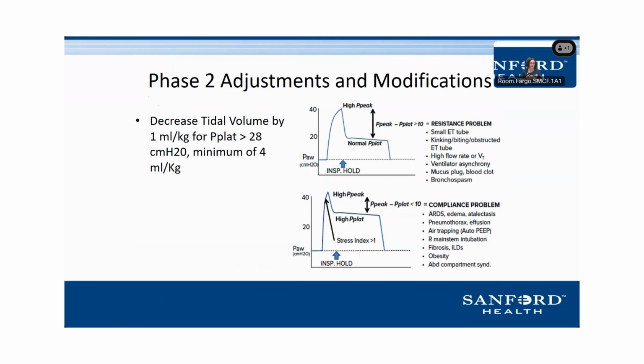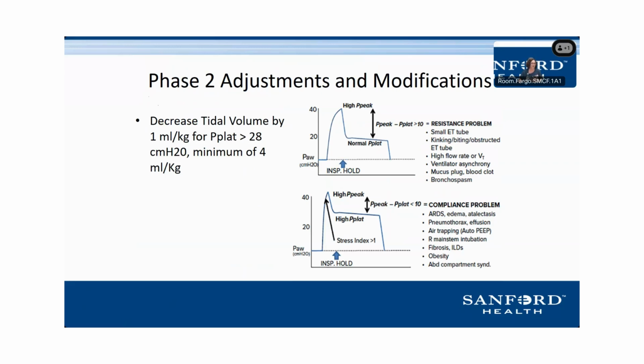A true plateau pressure measurement: I would give a breath in and the exhalation valve on the ventilator would close, so it's holding that breath in, and then we're allowing the pressure to equalize between the circuit and the patient. That will give me a better idea of how much pressure is actually reaching the lung. So if I see really high peak pressures, that's going to clue me in to take a look at my plateau pressures on the ventilator.